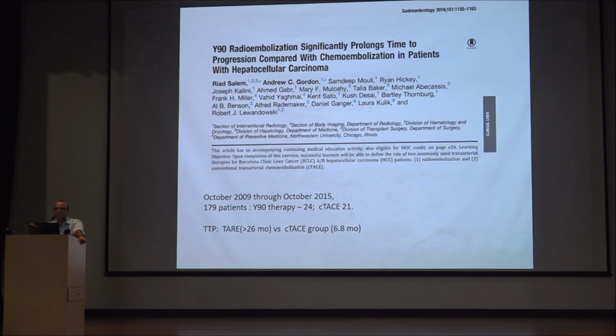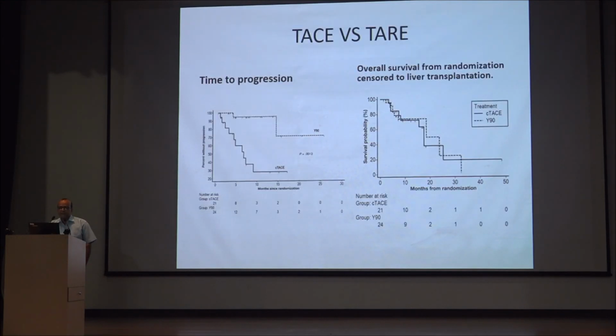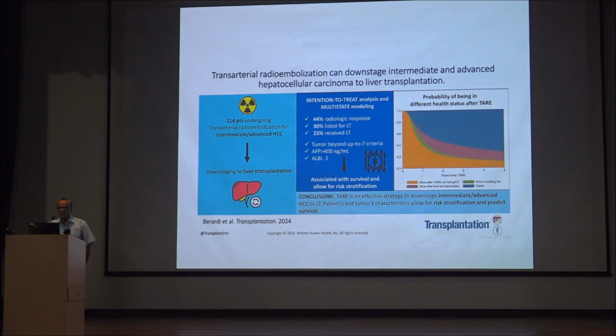The radiologist may argue because it is conventional TACE and recent advancements in TACE can show better results. But why it is important is that TARE probably gives a bigger window of opportunity to consider whether the patient can undergo transplant. But once they are downstaged, there is not much difference in survival after transplant.